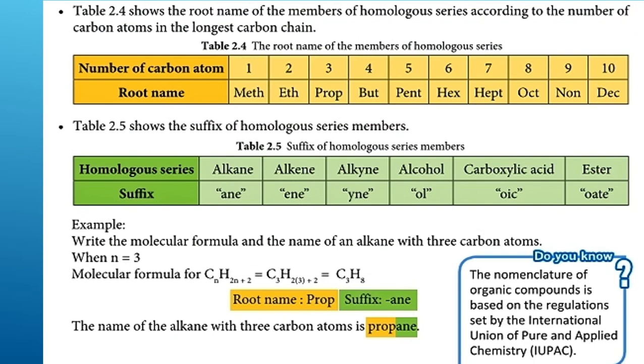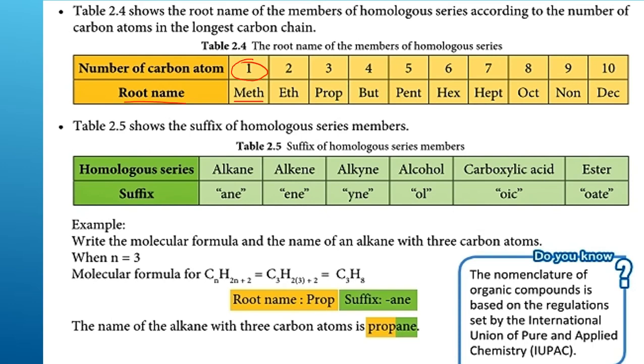Table 2.4 shows the root name of the members of homologous series according to the number of carbon atoms in the longest carbon chain. So, if the number of carbon atom is 1, the root name is meth.